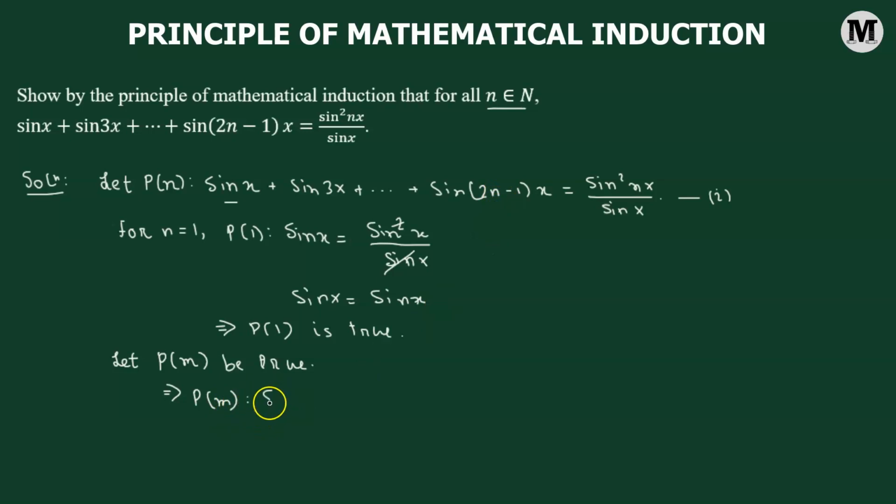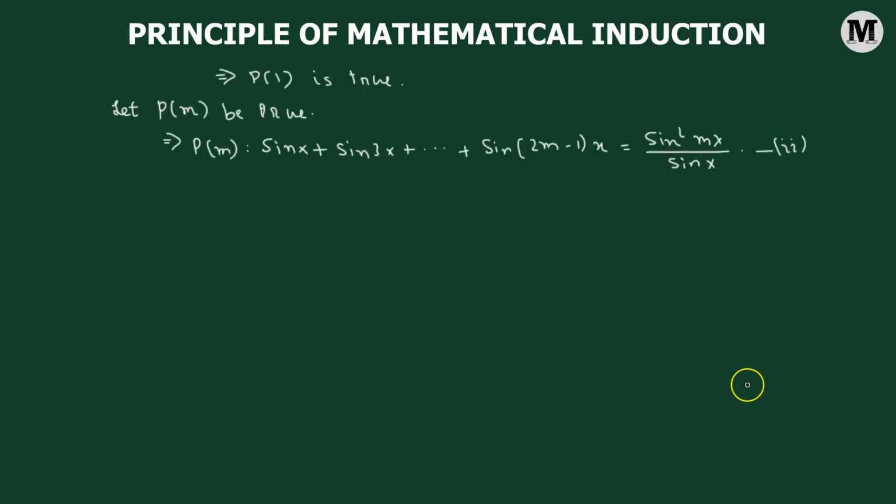So here we have sine x added to sine 3x, and this goes all the way up to sine of (2 times m minus 1) times x. So this is going to be equal to sine squared m times x whole divided by sine of x. Fine.